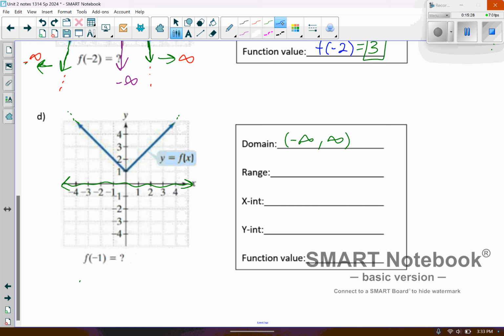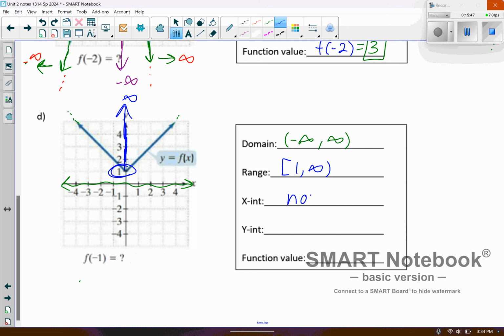Now the range, remember from bottom to top, so the bottom of this is going to be at 1, and then it goes up indefinitely to positive infinity. So our range is going to be bracket 1 up to infinity.